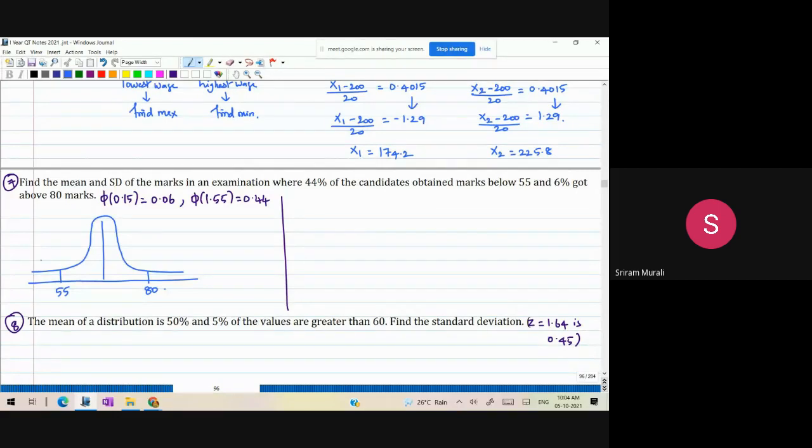How many candidates got marks less than 55? This is 44%. How many of them have got more than 80? 6%. So these are the given data. First, is this clear?